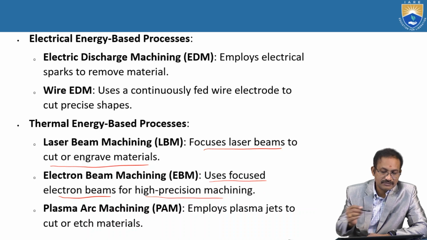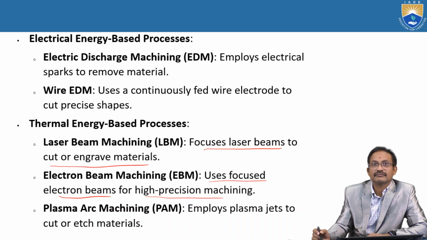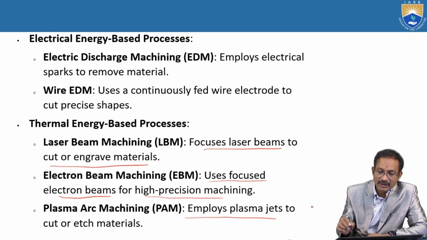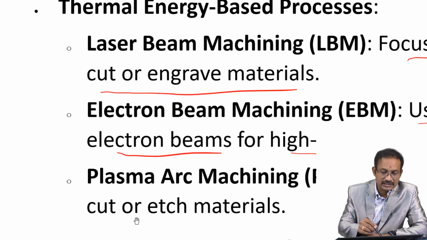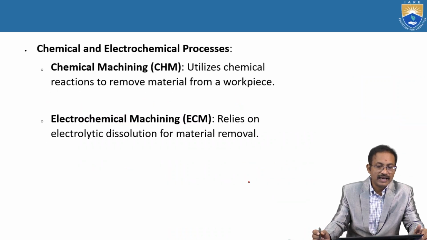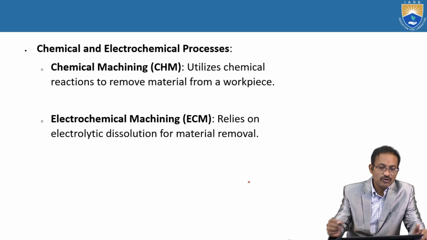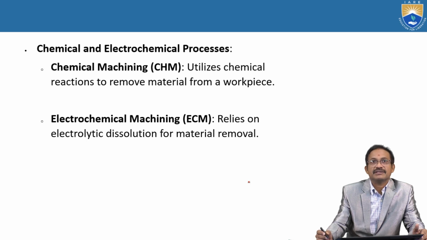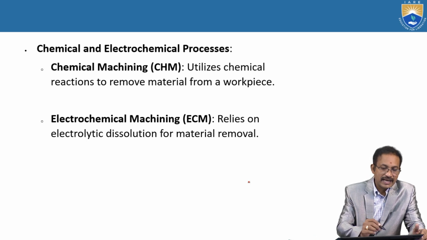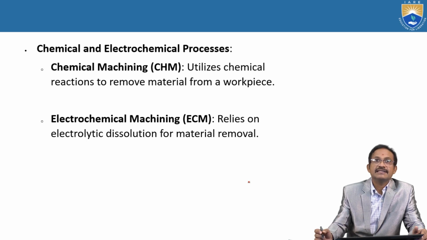Plasma arc machining employs plasma jets to cut or etch materials. Chemical and electrochemical processes: chemical machining utilizes chemical reactions to remove material from a workpiece. Electrochemical machining relies on electrolytic dissolution for material removal.